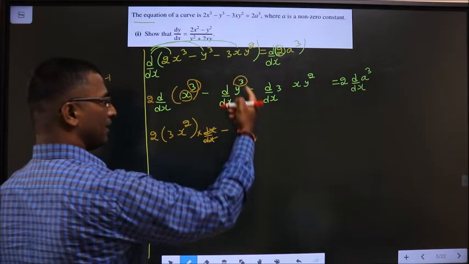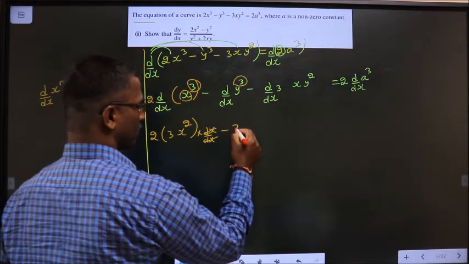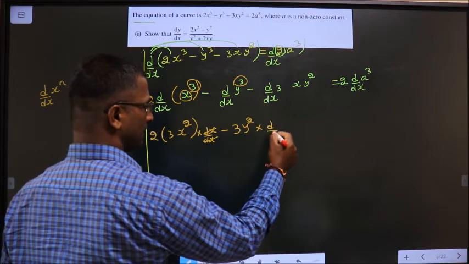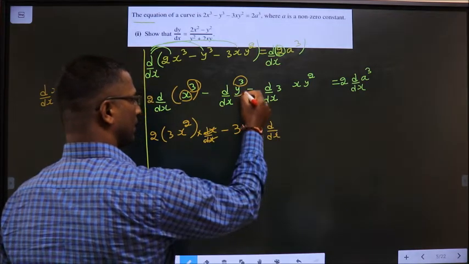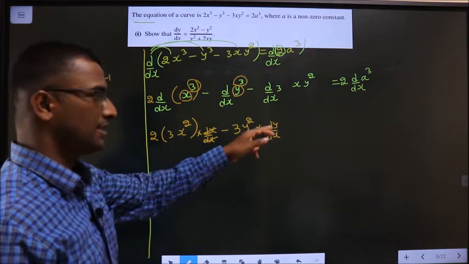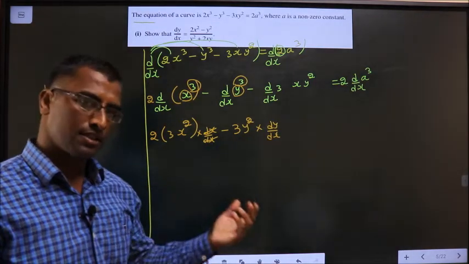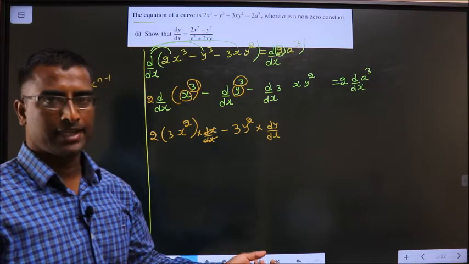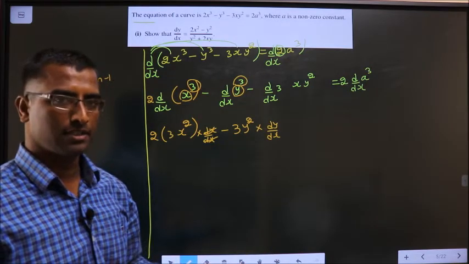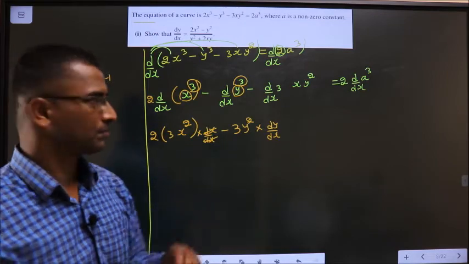In place of n, you have 3, so it will become 3y². And the good practice is d/dx of the letter y. Over here it does not get cancelled. Some place it gets cancelled and some place it doesn't. Instead of keeping that in mind, every time write that.